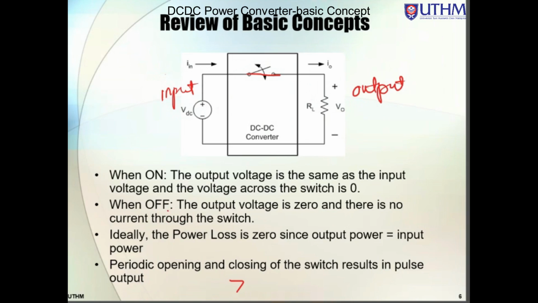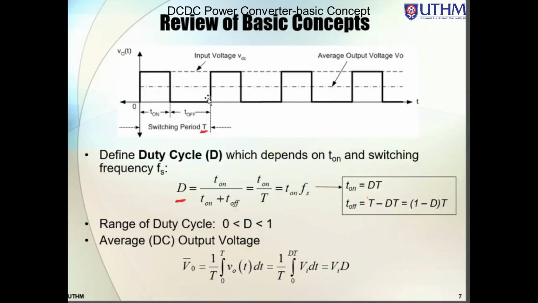During the off, the output voltage is zero, while the input voltage is still there. So ideally, the power loss is zero, since the output power will equal the input power. Okay, so then we look into this output. This one is the output voltage during turn on, this one is during turn off, and this cycle will repeat continuously.